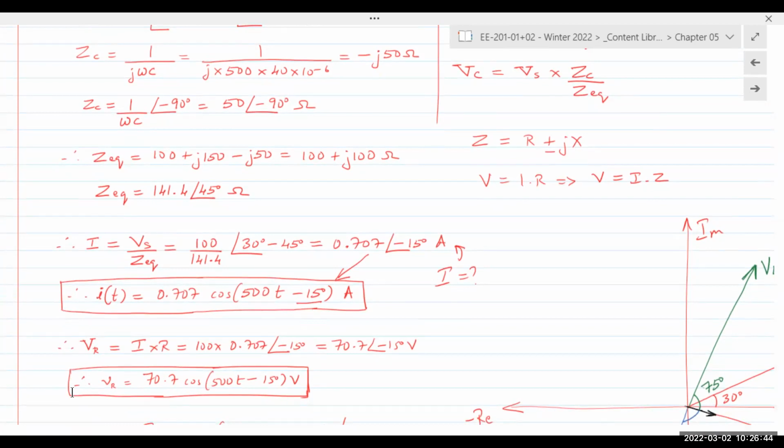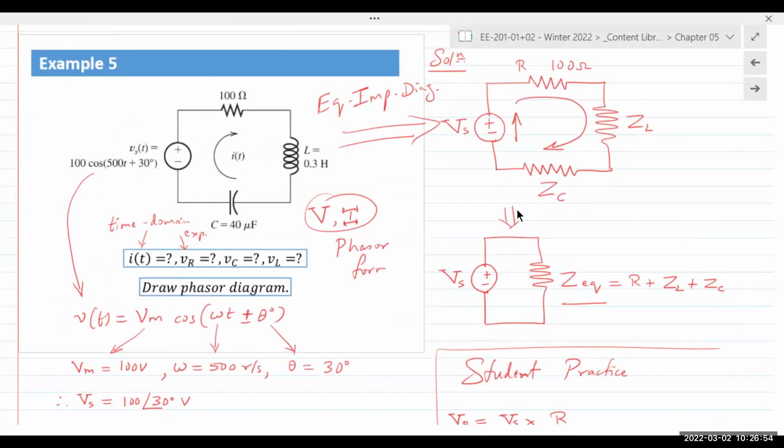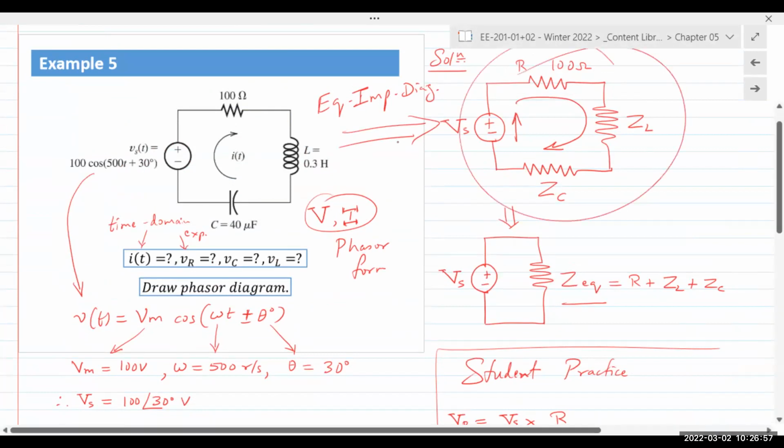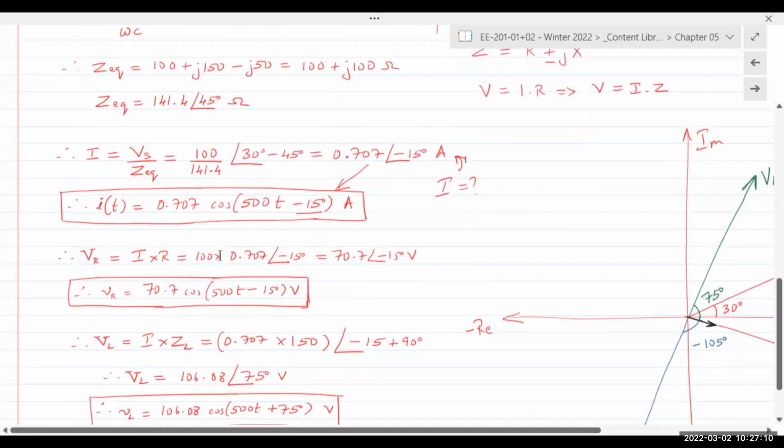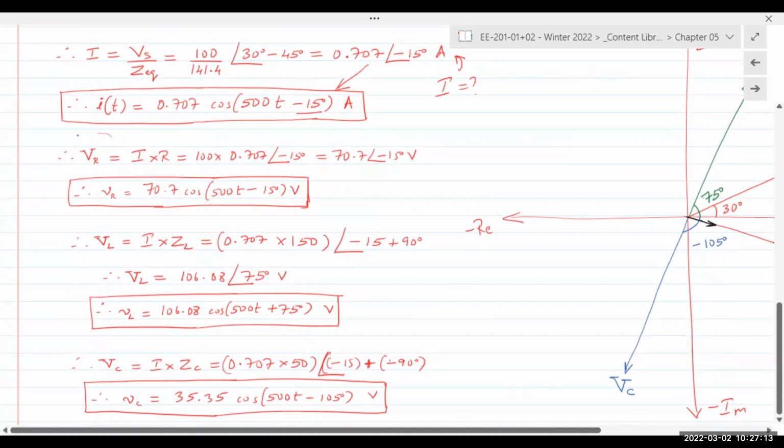After that, it's rather straightforward again. We applied Ohm's law to find the total current I. We apply Ohm's law again, expand the circuit back up, and apply Ohm's law to each one of these components. So VR, the voltage across R, becomes I times R. VL is ZL times I, and VC is I times ZC.